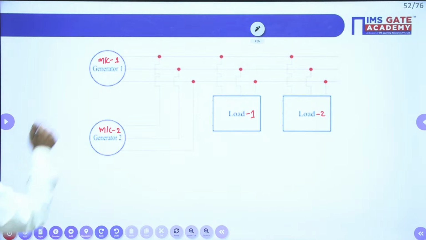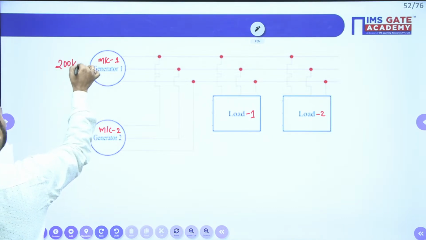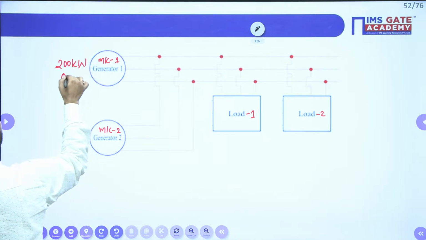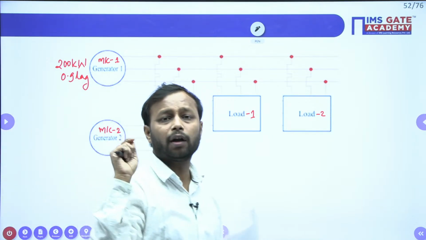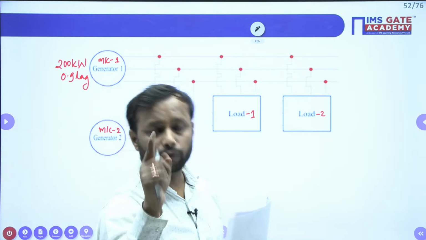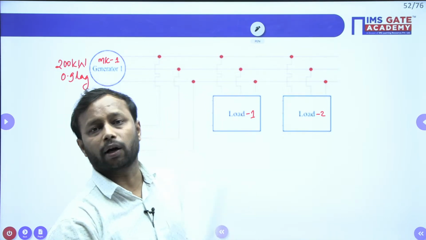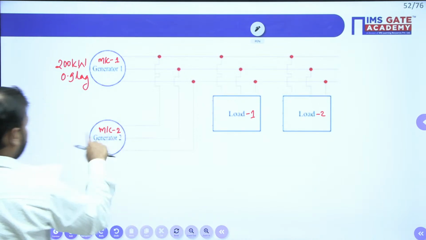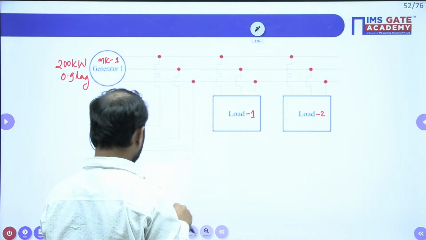For machine 1, it is given that it is supplying 200 kilowatt at 0.9 lag. Guys, please be alert here, because definitely we are going to see at least one question in GATE exam 2023. This topic from the synchronous machine is very, very important. All right. For the second machine, we need to calculate the power factor. So let us leave that part as of now.